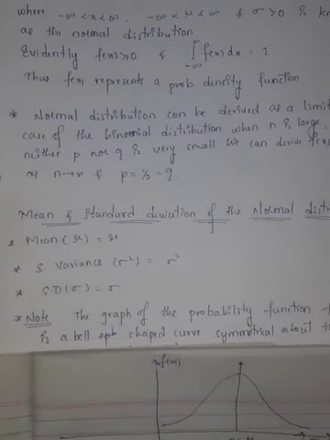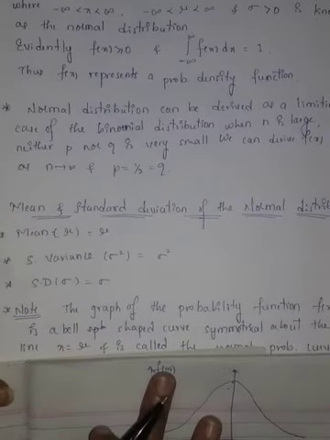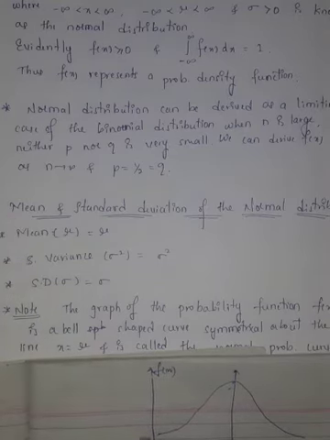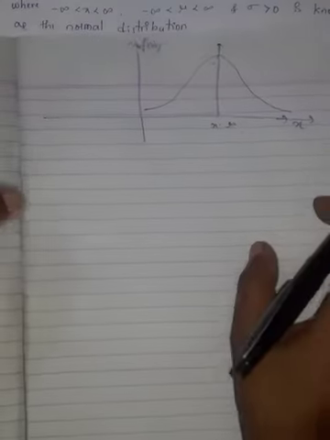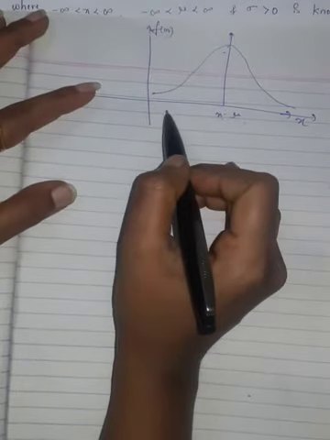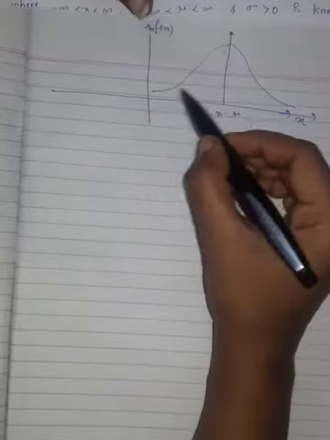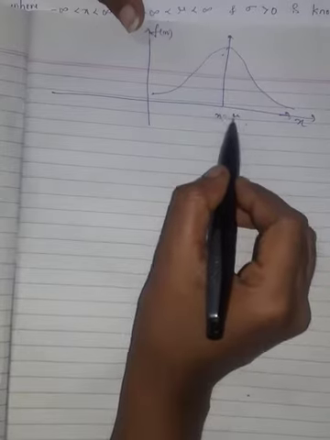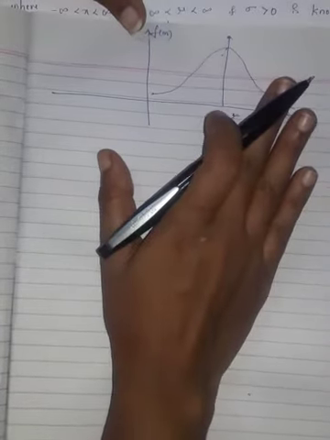The graph of the probability function f of x is bell shaped, symmetrical about the line x is equal to mu, and is called the normal probability curve.